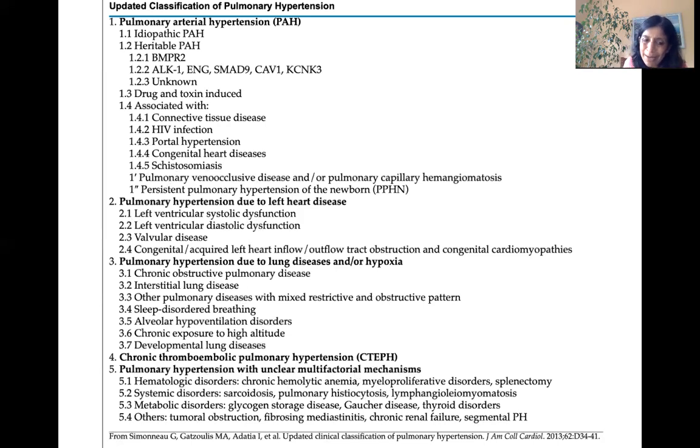So there could be many, many other causes. Sarcoidosis is one thing that causes a connective tissue abnormality, for example. So there are other conditions listed, but do not go through the details of this. Our goal is to understand pulmonary arterial hypertension. All right, thank you.